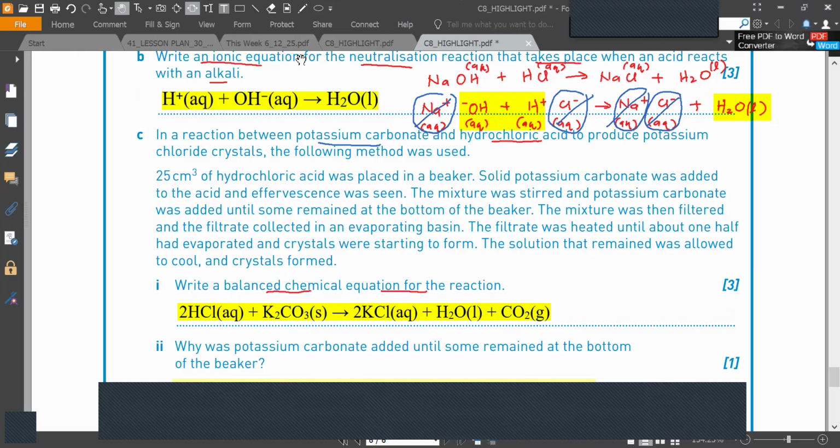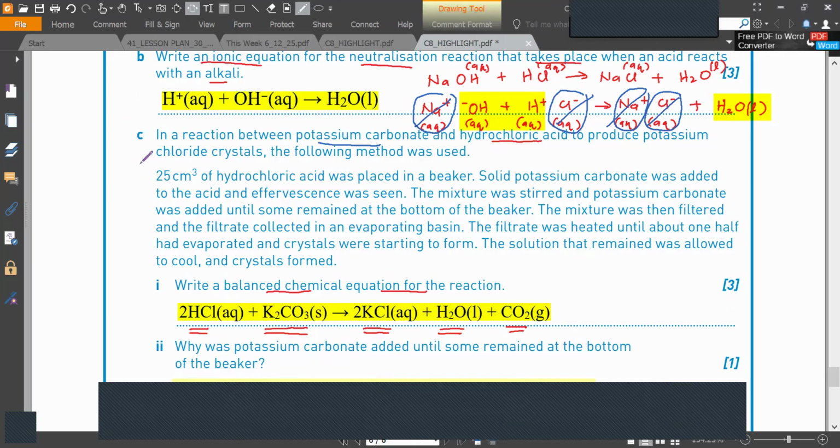Potassium carbonate and hydrochloric acid react to form potassium chloride salt, water, and carbon dioxide. We just need to make sure everything is balanced.